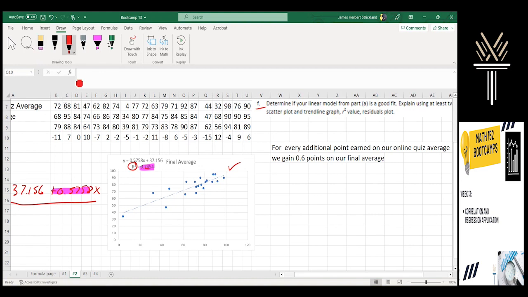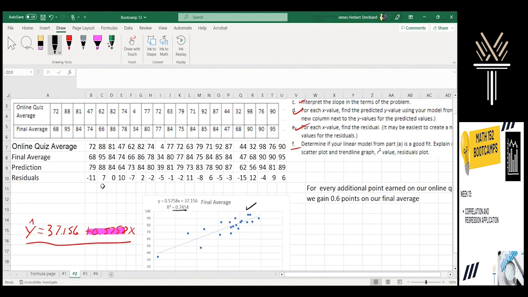So if we were to roughly estimate how it's changing, that line captures about 75% of that movement in that direction. That's a pretty good chunk of it. We like 80 or 90, but it's darn close. So far I know the scatter plot is good. R is pretty good. Now let's find the residual.